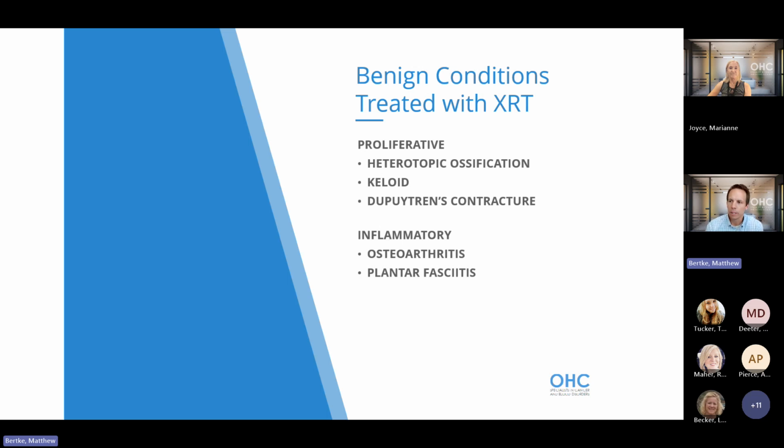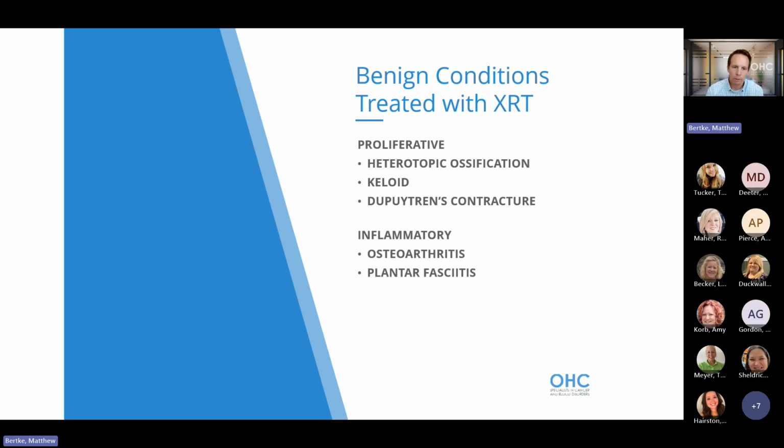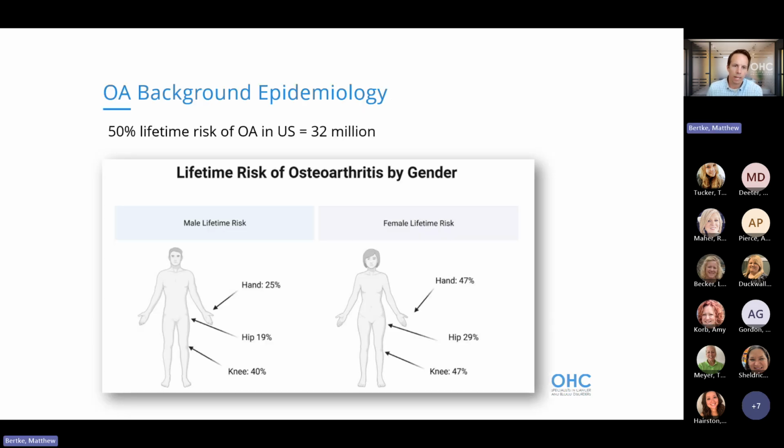There are traditional indications for radiation in benign conditions that we've treated, mostly proliferative things in America, like heterotopic ossification or keloids. But more and more, we're looking at treating inflammatory conditions like osteoarthritis or plantar fasciitis with radiation as well. Osteoarthritis is obviously a very common thing.